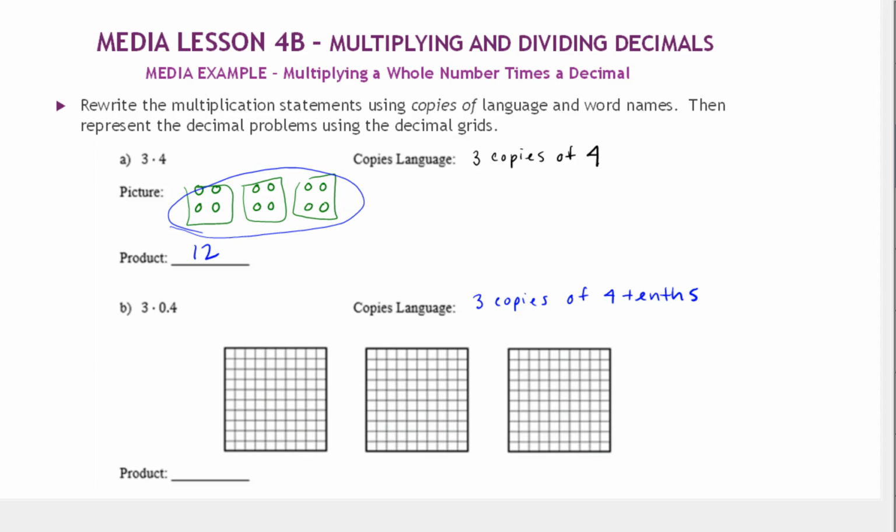So for tenths, we would use orange strips. So 4/10. There's 1 copy, 2 copies of 4/10, and finally our 3rd copy of 4/10.